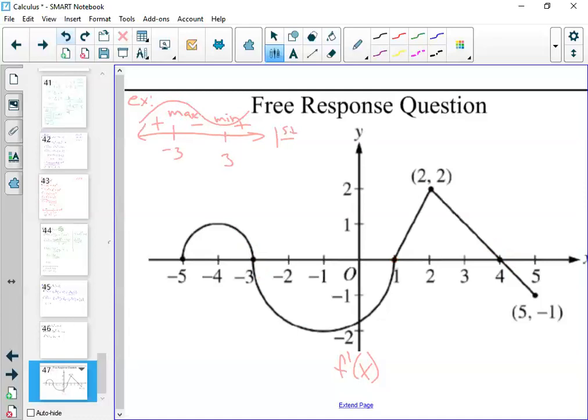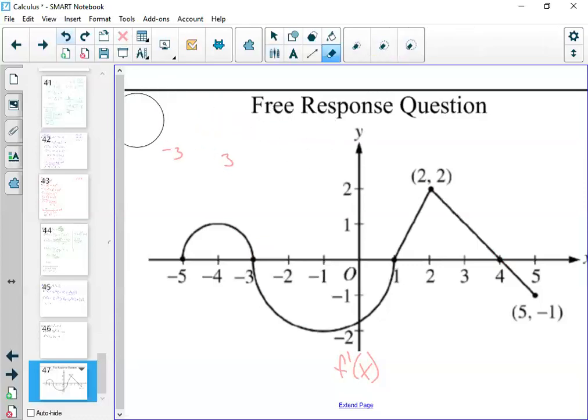All right, so part B. Find all values of x at which f has a point of inflection. All right, so now we need to think about the second derivative. In terms of the second derivative, when do we get an inflection point?